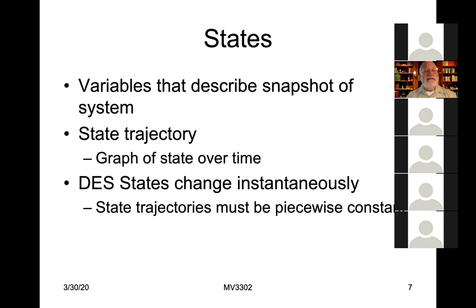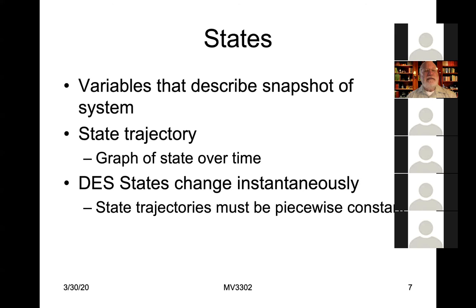So let's unpack states a little bit. What is a state? A state is a variable, or actually a set of variables in a more complicated model, that basically describes a snapshot of the system at any point in time. As we look at examples, that should come into clarity a little bit more.